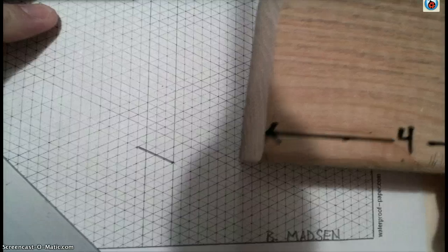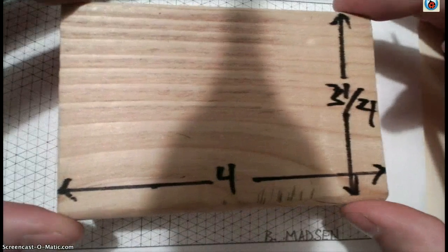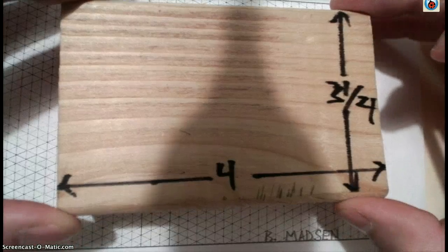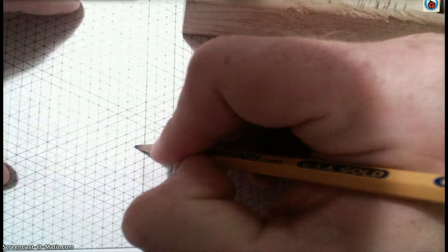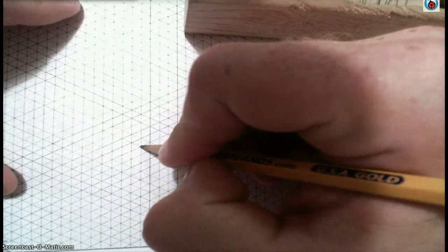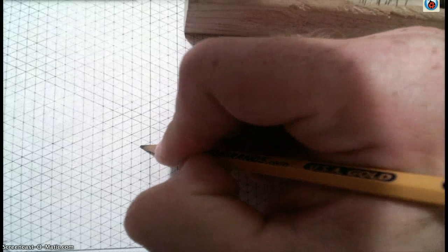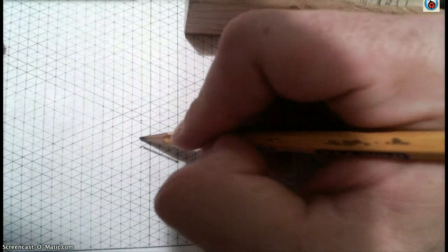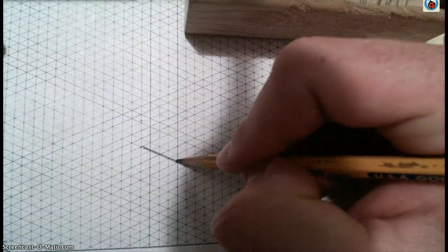Then we need to do our height, which is 3 1/4. This is just a rectangle, so it's the same on both sides. I show my height on the Y, and every place where all 3 axes cross is 1 unit. So that would be 1, 2, 3, and a 4th. Count that again for you. 1, 2, 3, and a 4th. Same over here on the right.